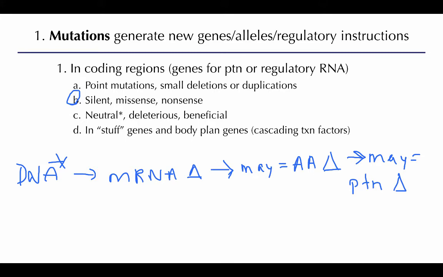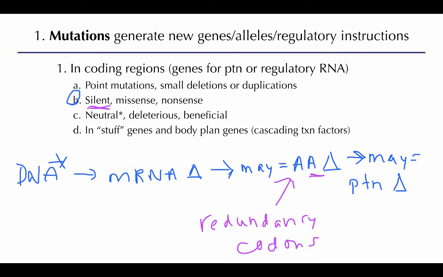I say it may cause an amino acid change because remember that redundancy of codons, where you have multiple codons that can actually result in the same amino acid. If you don't remember, go look at a codon wheel or a codon chart. But if the codons still code for the same amino acid, then there's not going to be any difference. That's what we call a silent mutation.